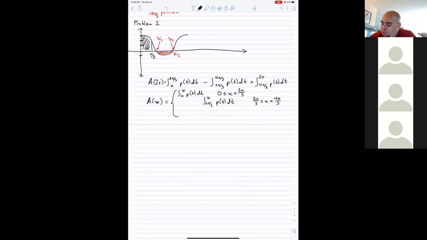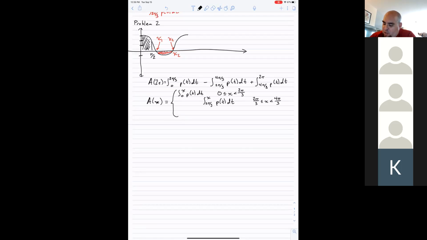But if I just use that integral by itself, I'm only going to get the area in the middle. So what else do I have to include to make sure I get all the area on the left? Would you have to include a 2 pi over 3?